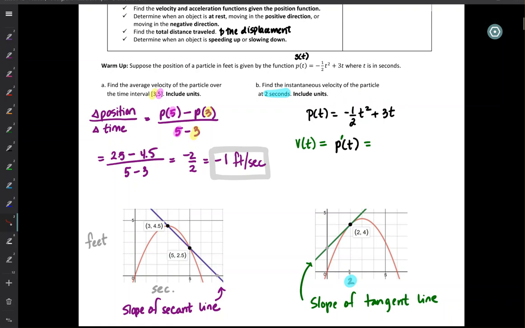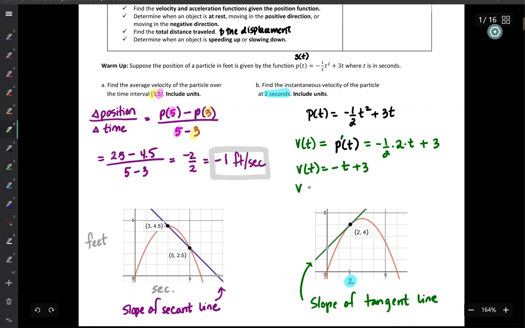That's going to allow me to compartmentalize my thinking. I'm going to take the derivative of this part using power rule. We get minus 1/2 times 2 t to the power of 1, and then plus the derivative of 3t is just 3. So here we have it. My velocity function is minus t plus 3.